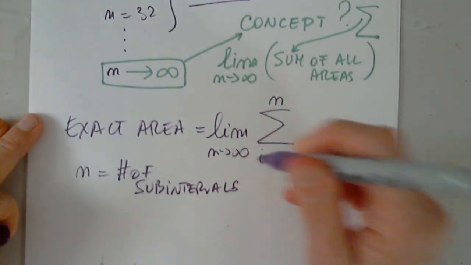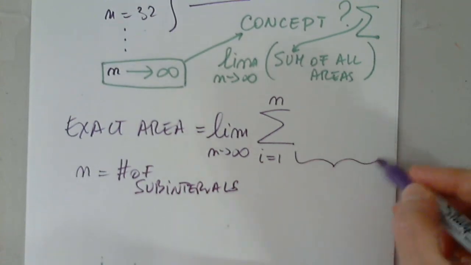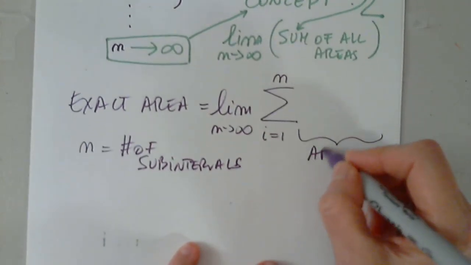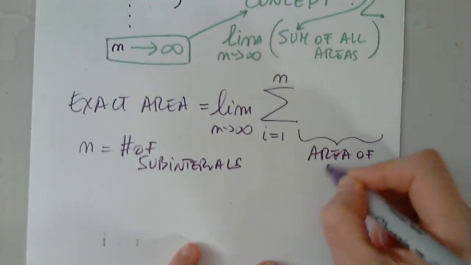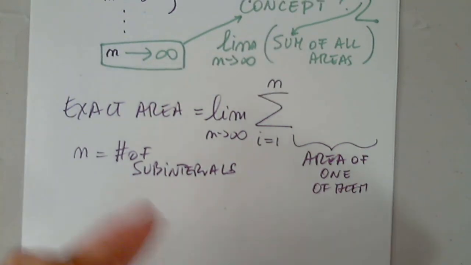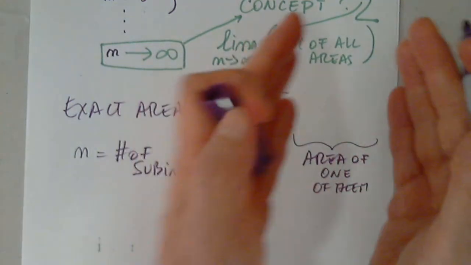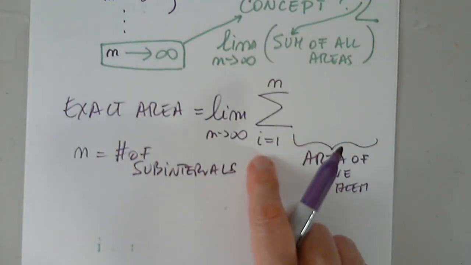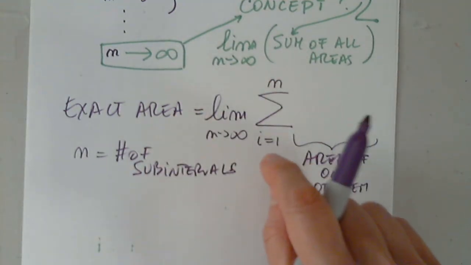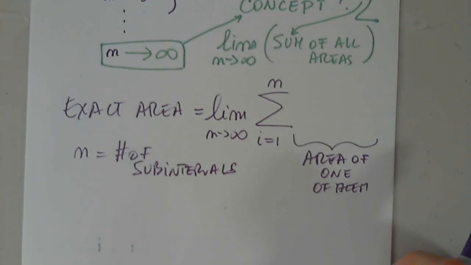So the limit as n approaches infinity, and we are calculating the areas. So this is the area of one of them. Why one of them? Because the sum will take care of all of them. When i is 1, I have the first one. Plus, when i is 2, I have the next one. Plus, when i is 3, I have the next one. And I finish with the last one.